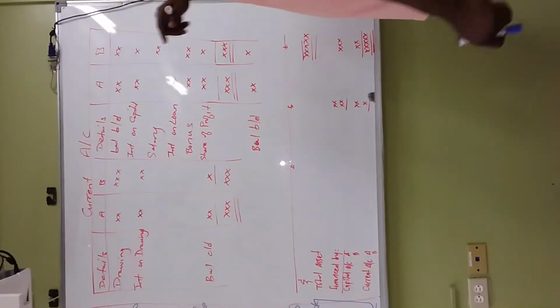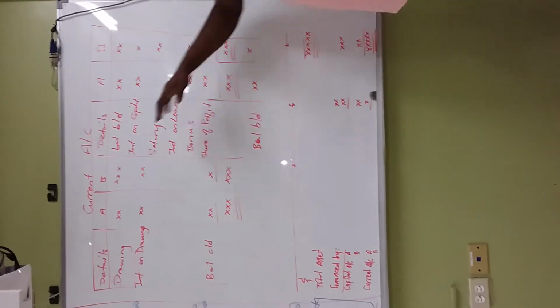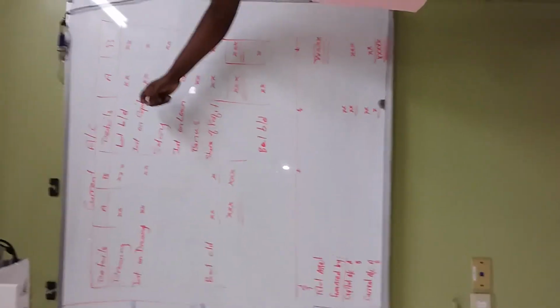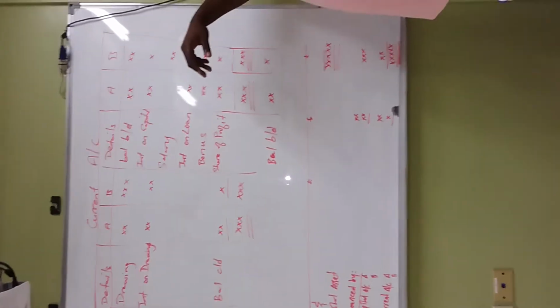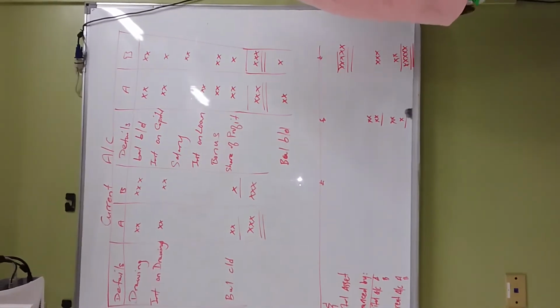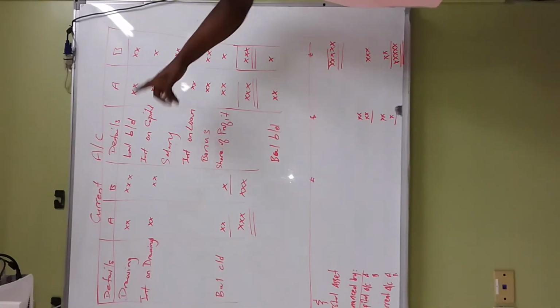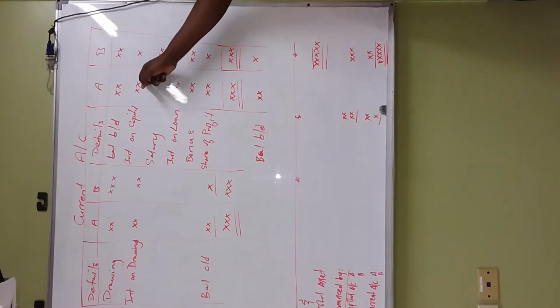Now let us continue. So we have our balance brought down. Next we have our interest on capital. What interest on capital are we speaking about? The one that was previously calculated in the extract. Whatever amount that totals to be, the interest on capital for partner A would have been inserted there.